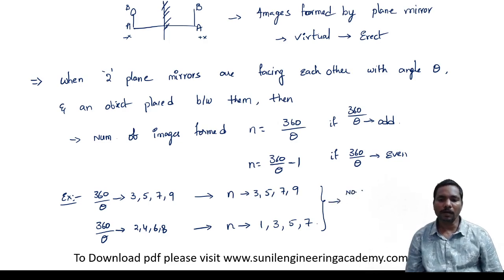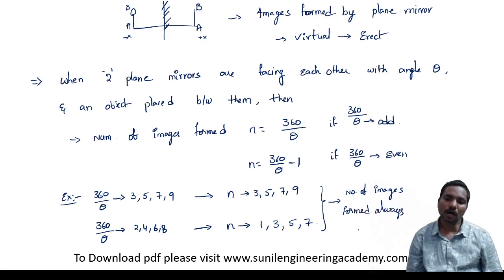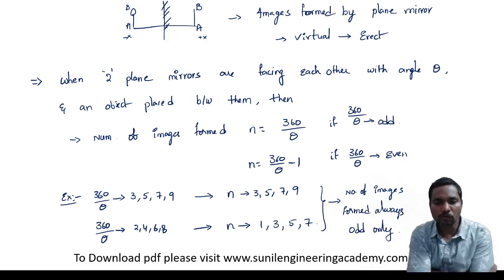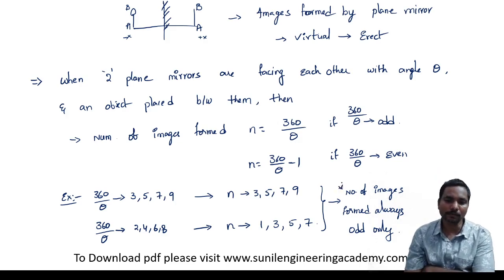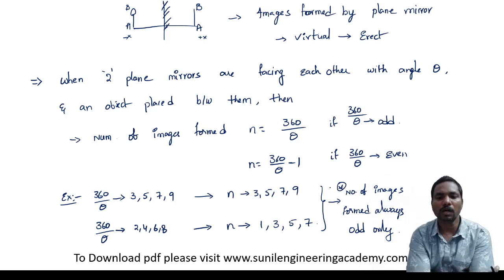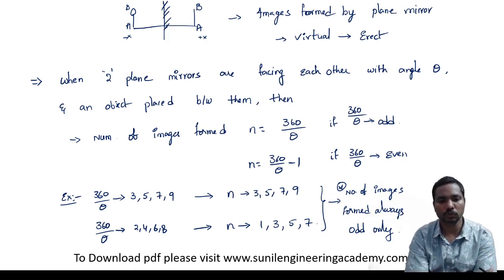So the number of images formed is always odd only. All of you getting my point? So try to remember this important trick. If they have given options with even numbers, you can easily eliminate those.